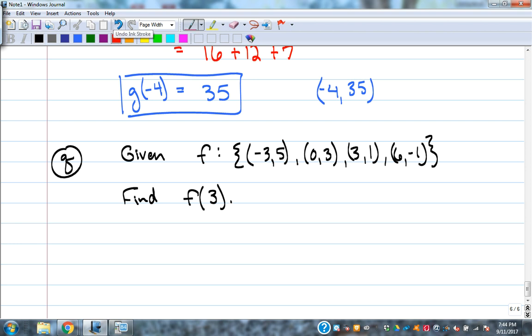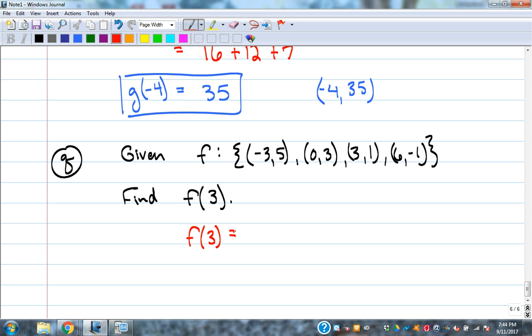This is where most people get tripped up. But we already know something about f of 3. What does that mean? That x is 3. We're looking for what? We're looking for the y value that goes with 3.